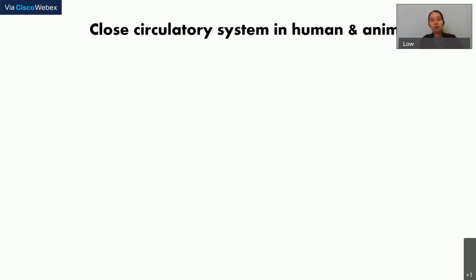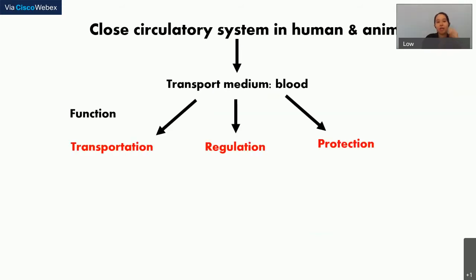Okay, so the circulatory system in humans and animals. Remember what transport medium we use? Yeah, it's blood. The circulatory system in humans and animals functions to transport, regulate, and also protect your body.